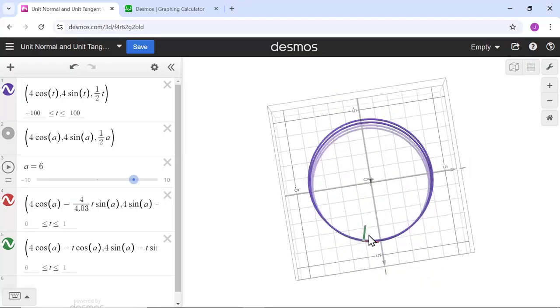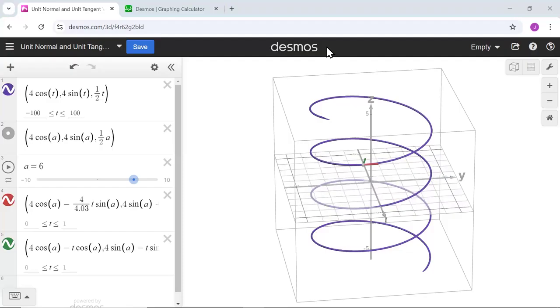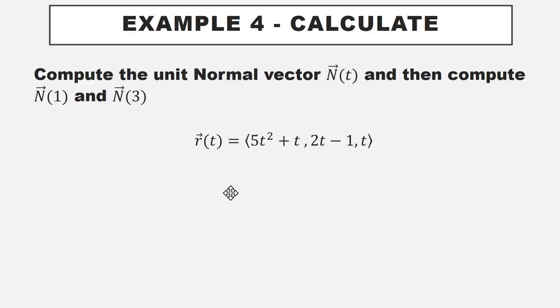So the normal vector is really nice to have because we now have a tangent which tells us the direction of travel, and a normal vector which is orthogonal to the direction of travel. Let's do the other example that we dealt with.